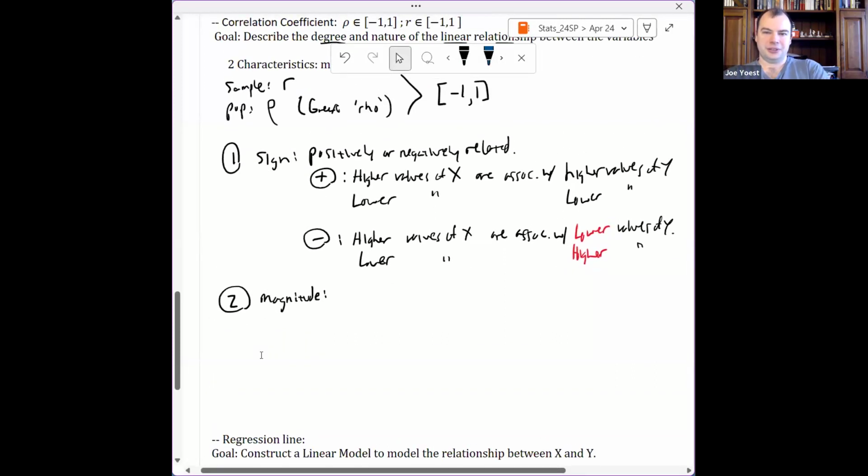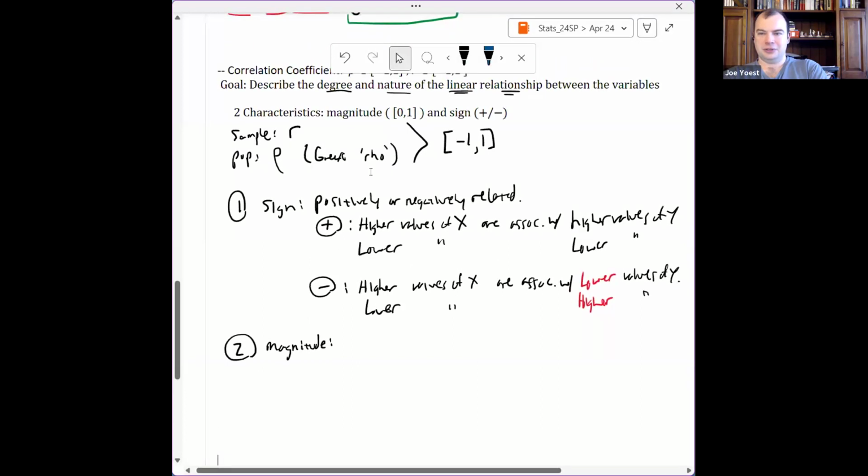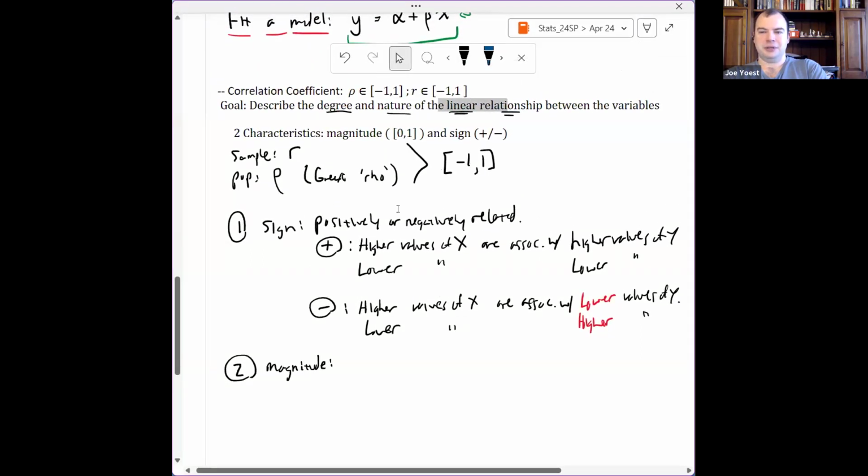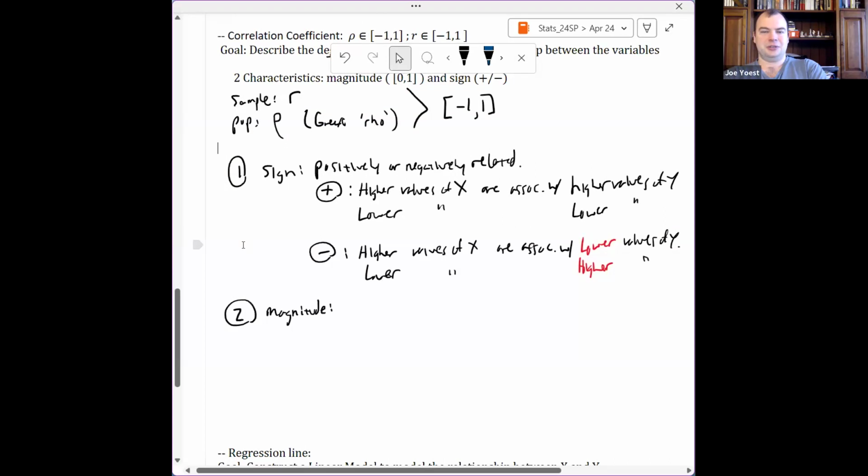So if there's a linear relationship between the variables, the sign tells us something about the nature of that relationship, or the direction of that relationship.